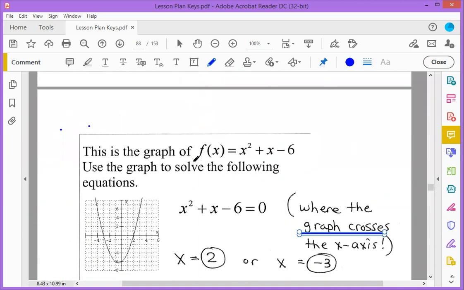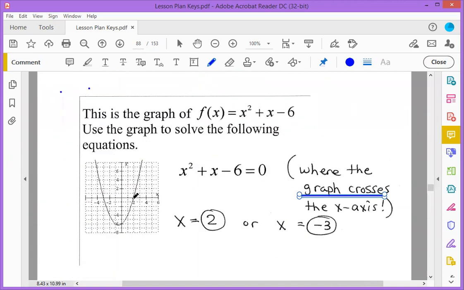What we're doing is we're producing these x-intercepts. We're determining those points where the line of the parabola is going to cross the x-axis. So you're essentially just factoring, just like you did before, and setting both of those factors equal to 0 to get those values for x.